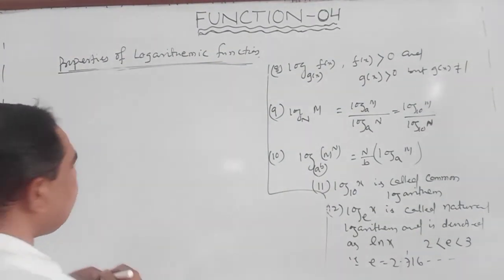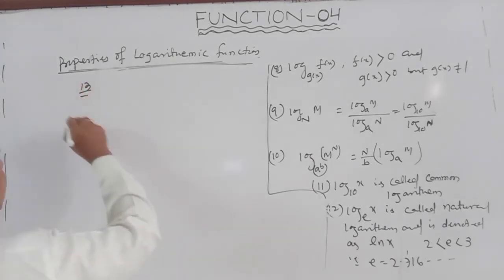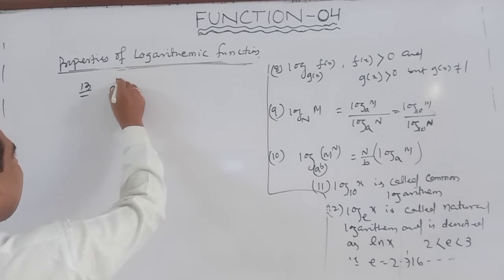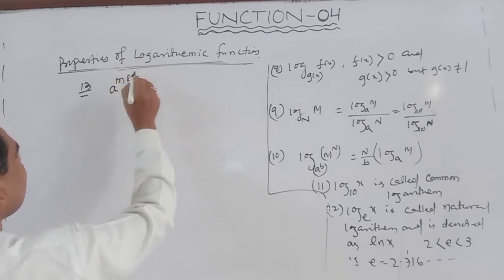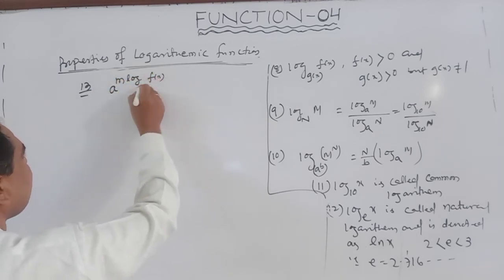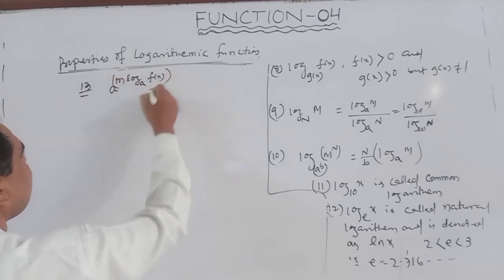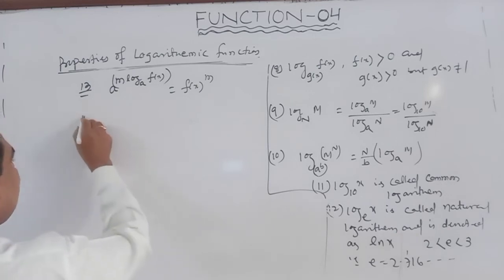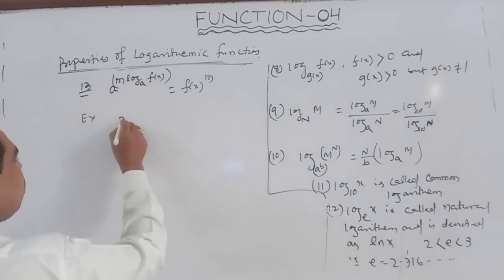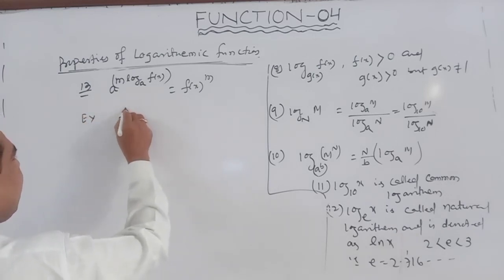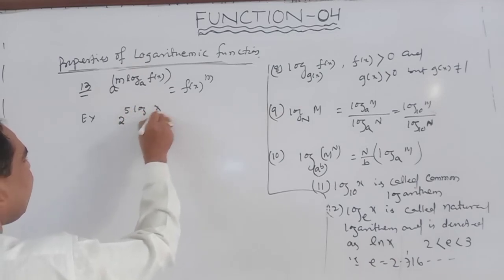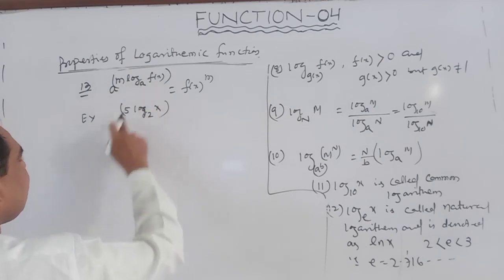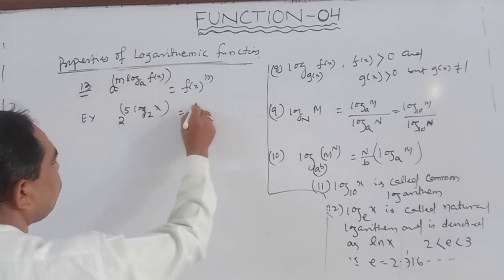Next, 13. A to power m log f(x) base a is equal to f(x) to power m. Example, 2 to power 5 log x base 2, taking a as 2, is equal to x to power 5.